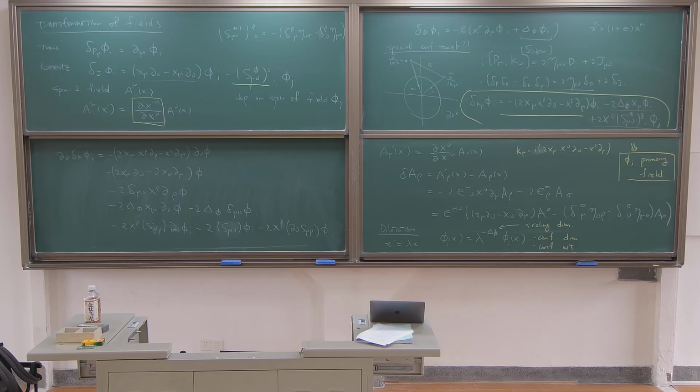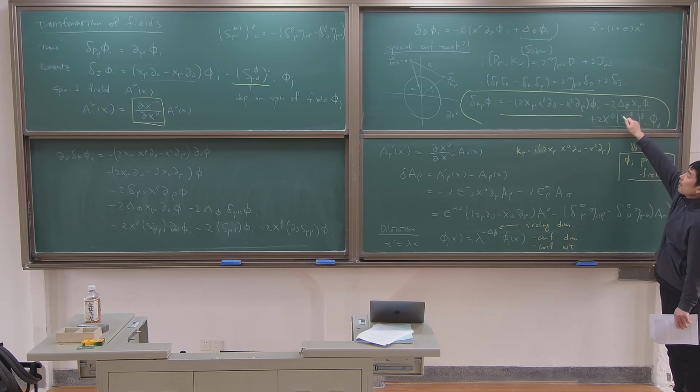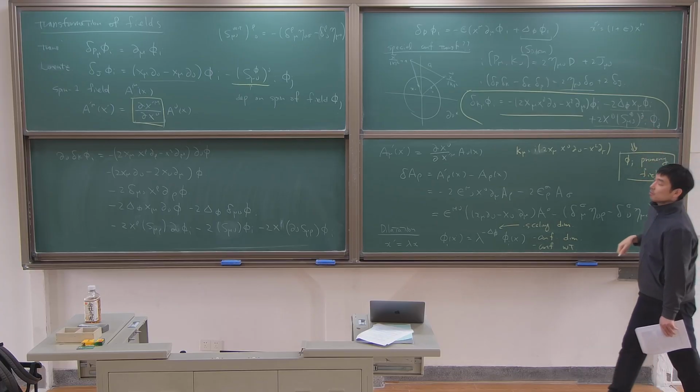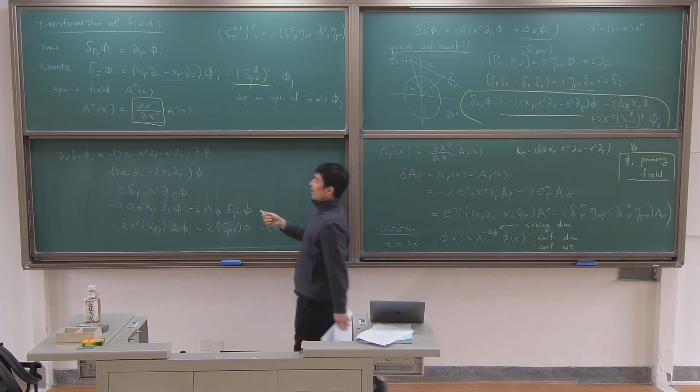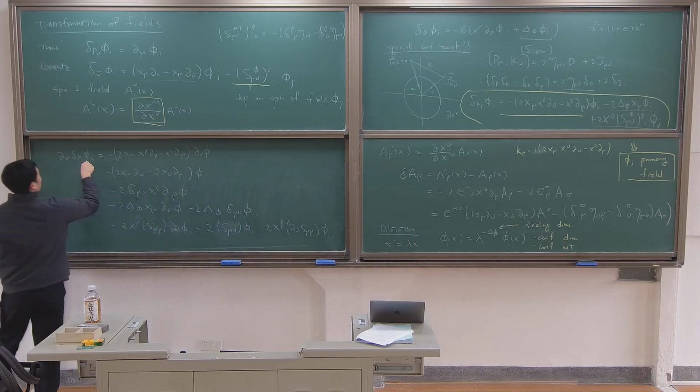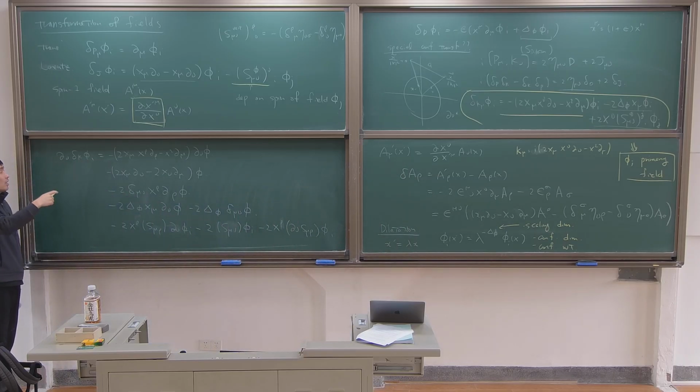So certainly, if field phi satisfies the special conformal transformation in this way, it is called a primary field. But if you act with the derivative on the primary field and do the special conformal transformation of this derivative operator, then it gets really ugly.